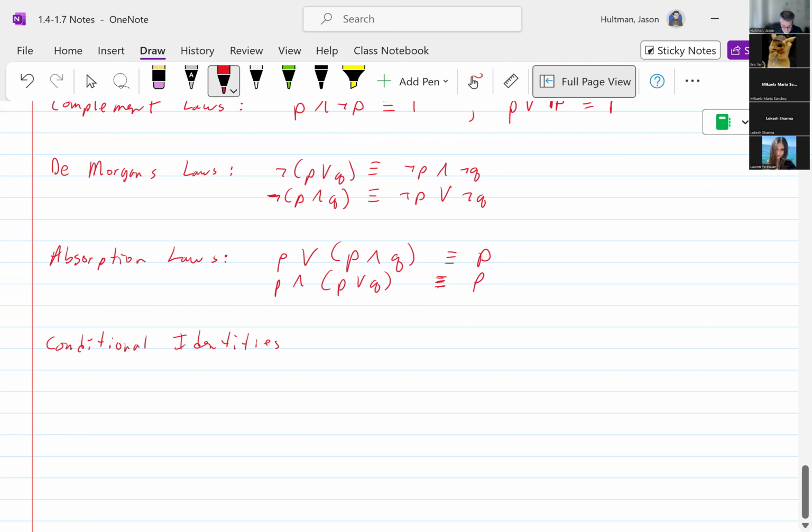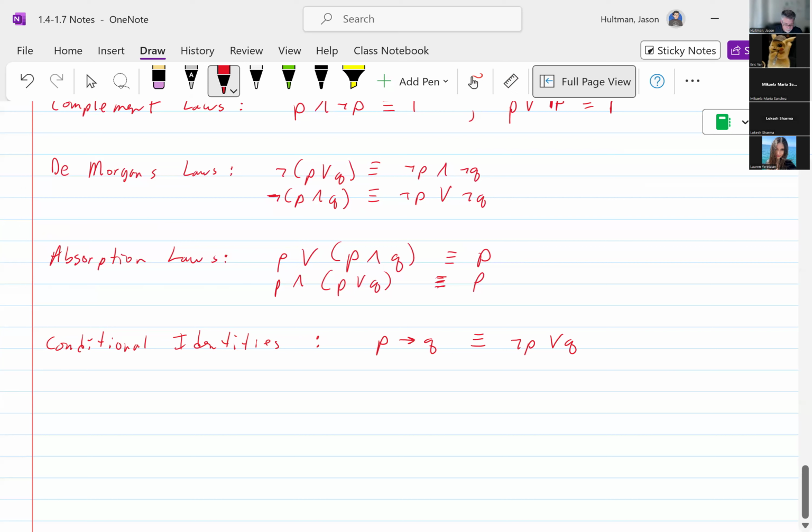P goes to Q is logically equivalent to not P or Q. So we have a conditional statement and we can translate that into a propositional statement.